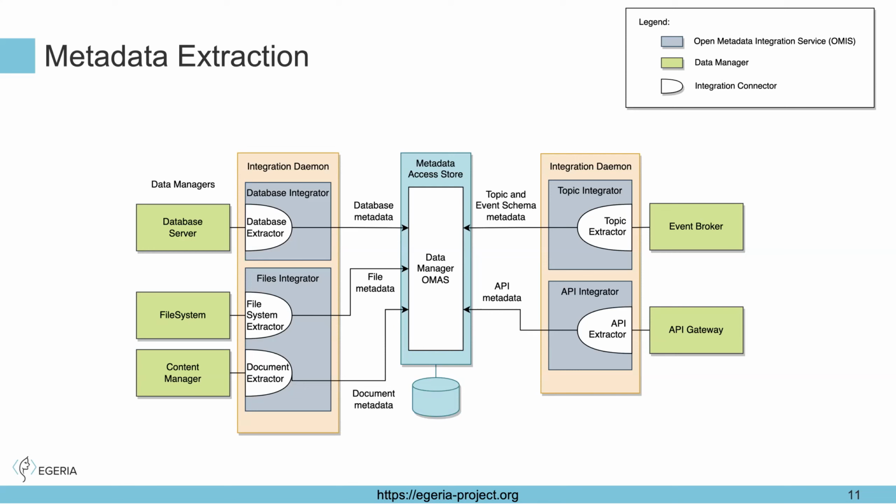So the database integrator, not surprisingly, integrates database servers. So basically you connect to the database server and extract the details about the schemas, tables, columns, etc. The files integrator works on either open file systems, where the connector can monitor changes to the file system, or it might work with a content manager that actually maintains complete ownership of a set of documents and has extra metadata around, classifying and tagging that particular type of documents that it's managing.